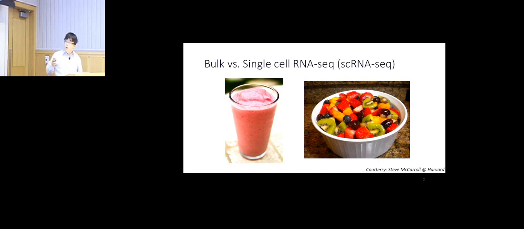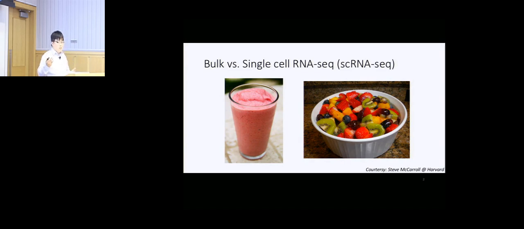Here, the bulk RNA sequencing we were doing is like we're studying smoothie. Okay. Now, doing the single-cell analysis is like a salad because you can see every element. So if you have two sets of salad, you know that this tastes better versus this is not. Then you can examine what's in there, and you can figure out, for example, oh, this store uses gold kiwi and this store doesn't use gold kiwi.